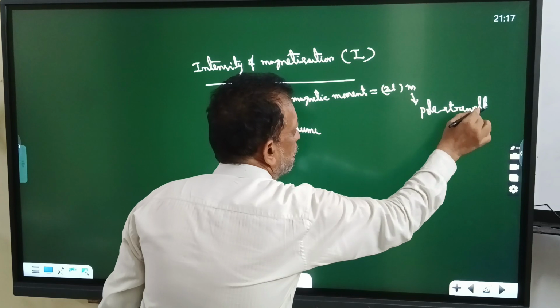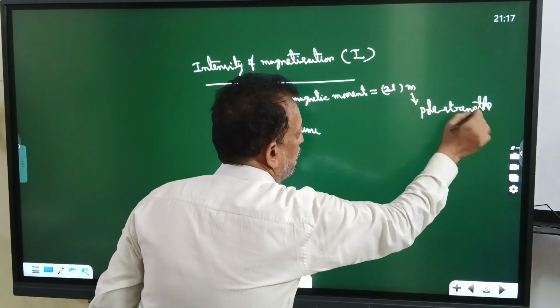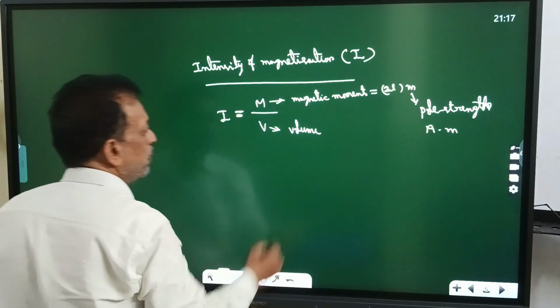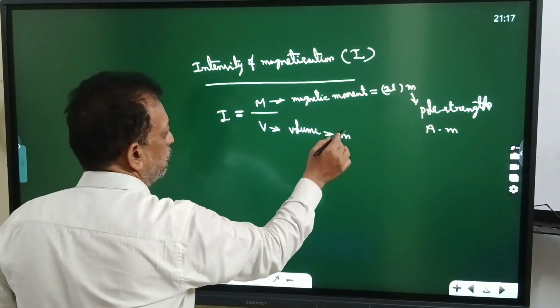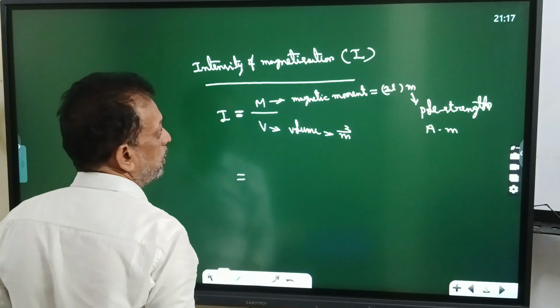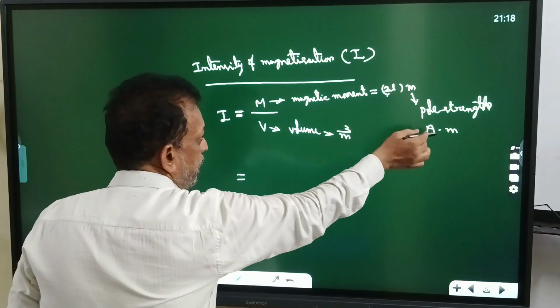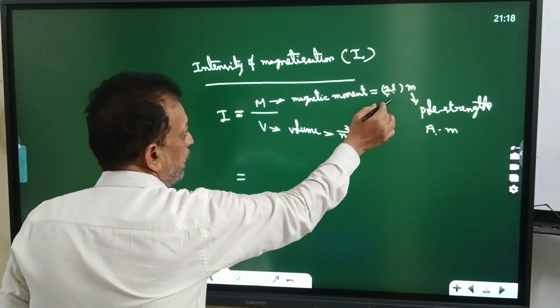Pole strength unit is what? Ampere meter. Now everything is there. Volume is meter cube. After simplification, ampere meter into meter. This is the length. 2L is the length.